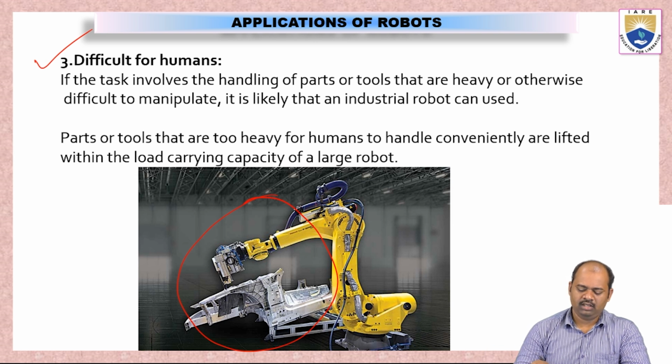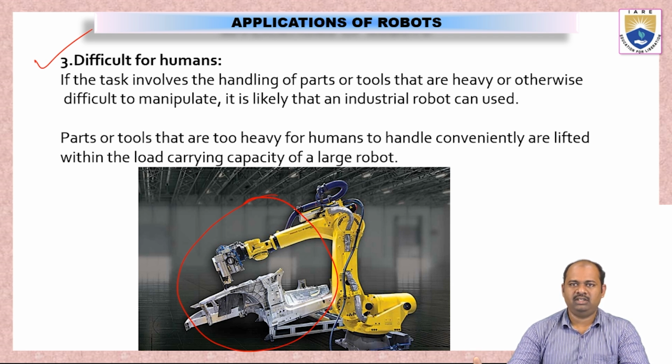So if we want to lift 100 objects like this, and each object weighs 30 to 40 kilograms, and he has to do this lifting operation continuously throughout the day, he may be very tired and cannot do that work efficiently, because the human body is prone to tiredness and will lose energy quickly.